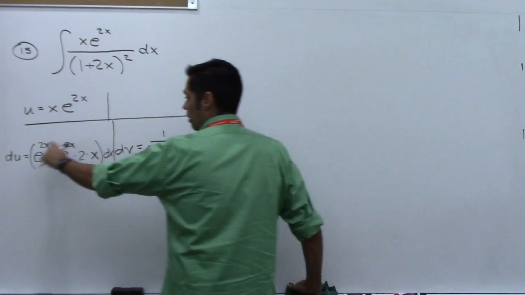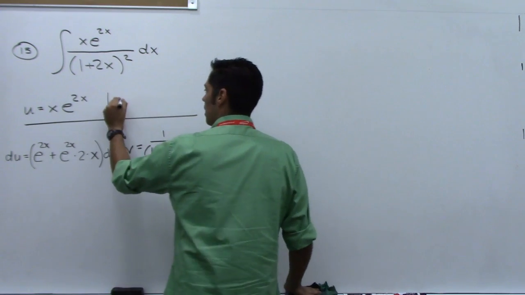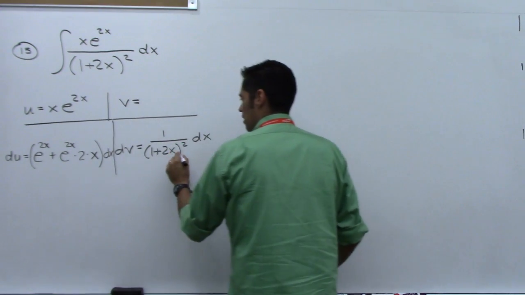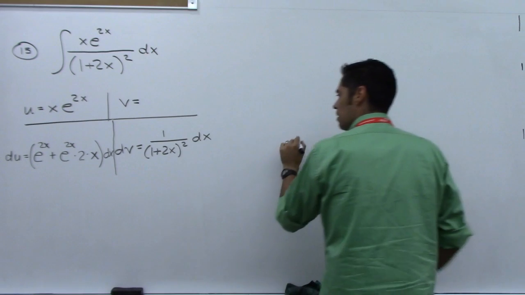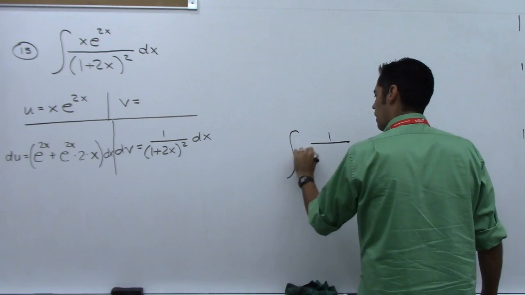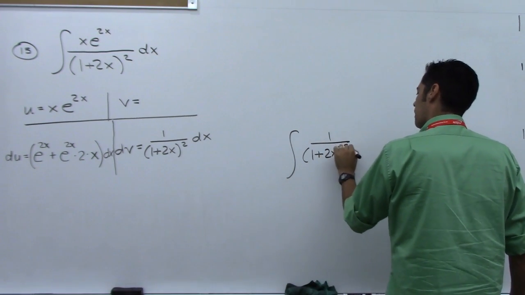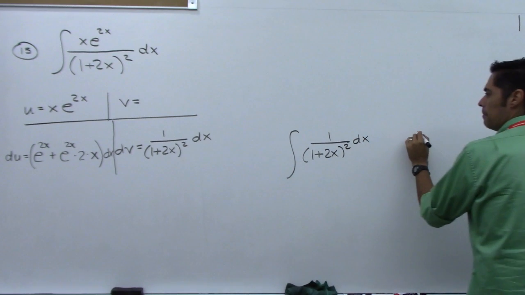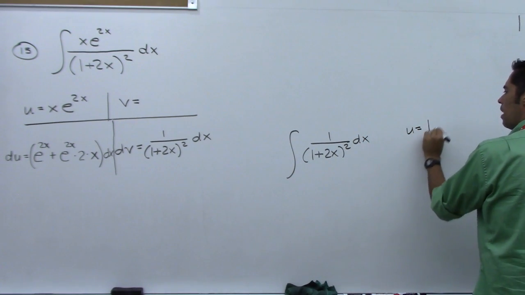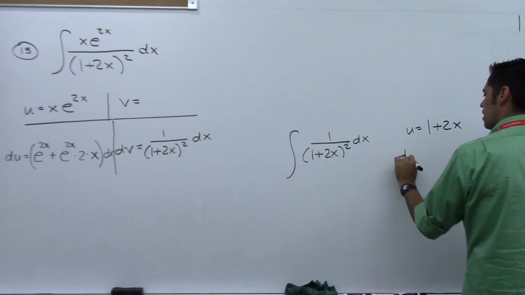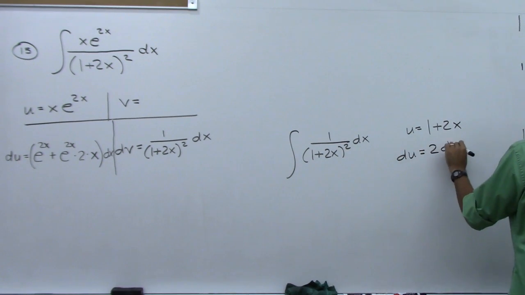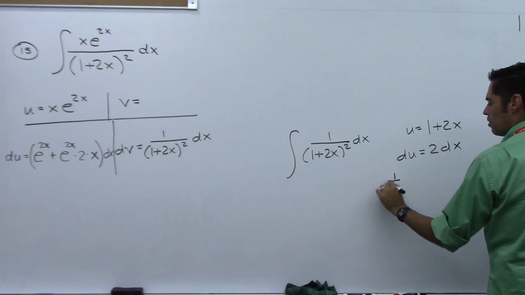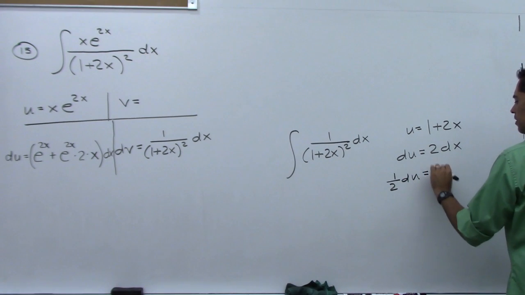That looks really ugly. I don't know if I'm going to want to voodoo this thing, but let's see what this does. So when I integrate that, remember, this is what I'm doing. I can make a basic little substitution. u is the bottom. du is 2 dx. I don't have a 2 dx, I have a 1 dx, so 1/2 du equals dx.